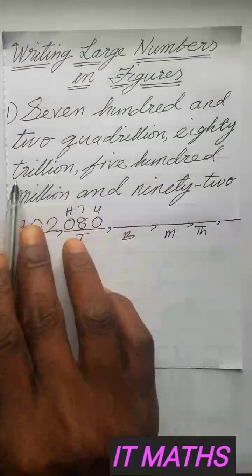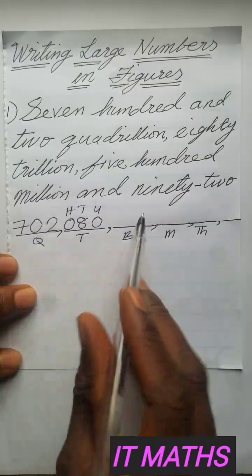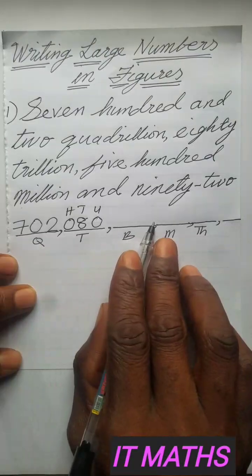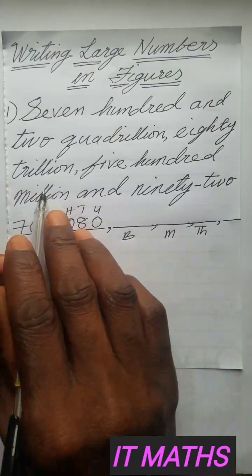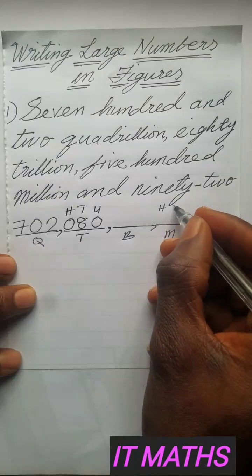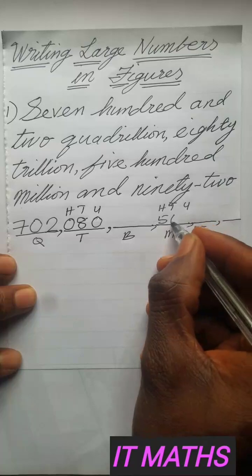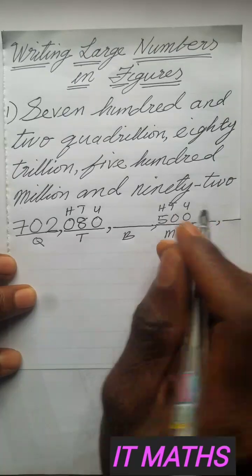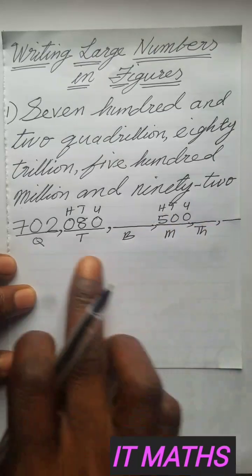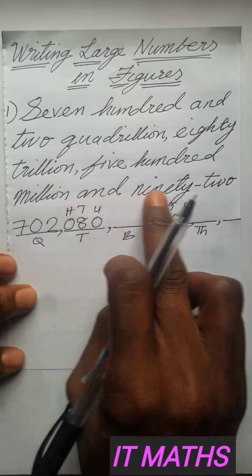Now after the trillion we have 500 what? Million. Okay, I can't write 500 here because this is not a billion, it says a million. So I go to where I have my million, and then I write my 500. The normal way I will write 500. Okay, after that I go to where I have the next, it says 92.